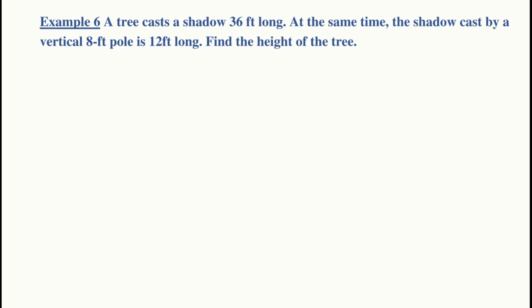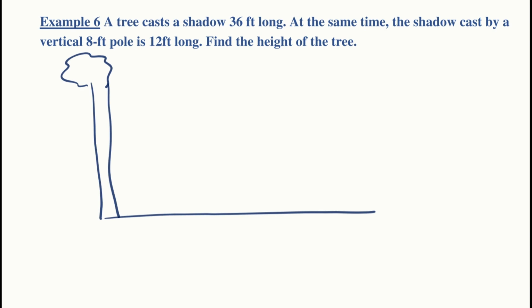So we have a tree. Now I'm not a very good artist, so you'll have to forgive me here, which is casting a shadow, right, which is 36 feet long, and at the same time we have an 8-foot pole which we can put down like this, casting a 12-foot long shadow.